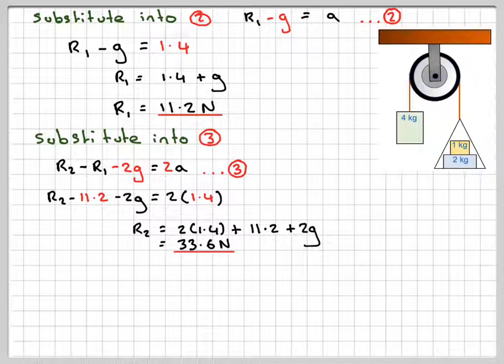So the acceleration is 1.4 meters per second squared. The tension in the string we've calculated in the previous part, but we know that R1, the reaction between the 1 kilogram block and the 2 kilogram block, is 11.2, and the reaction between the 2 kilogram block and the scale pan is 33.6.